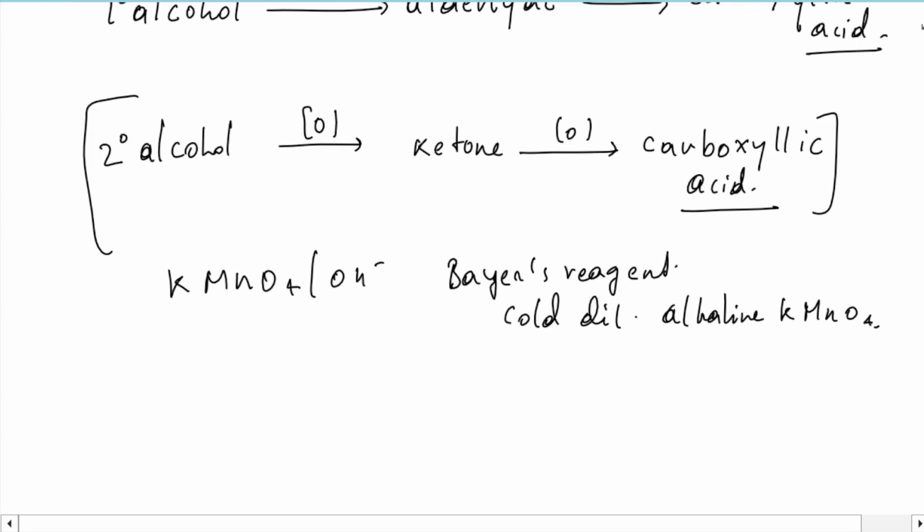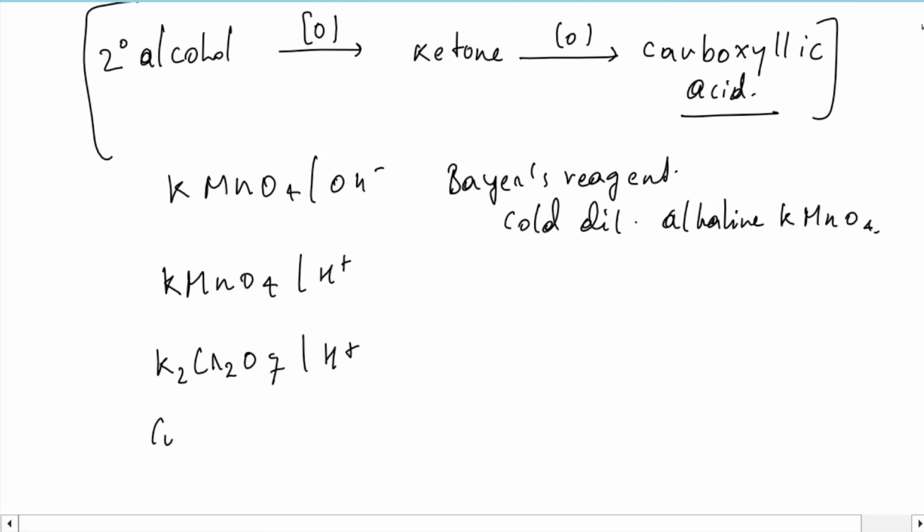Next is KMnO4 in the presence of H plus, that is KMnO4 in acidic medium, or K2Cr2O7 in the presence of H plus, or we can use concentrated HNO3. These we can use here.